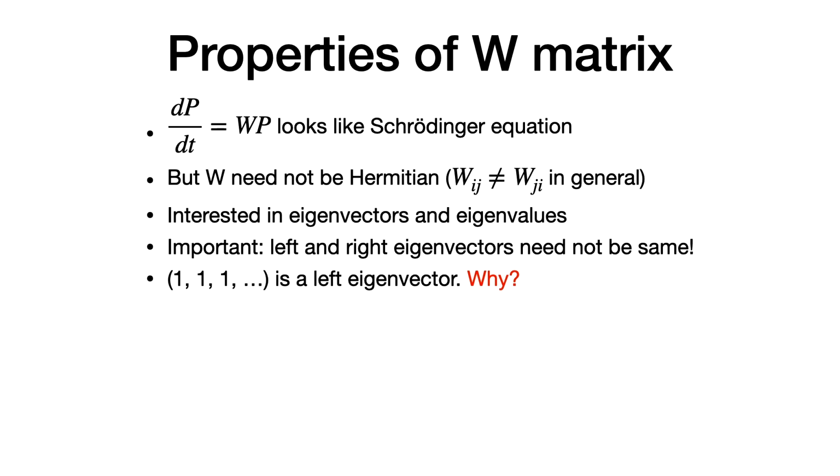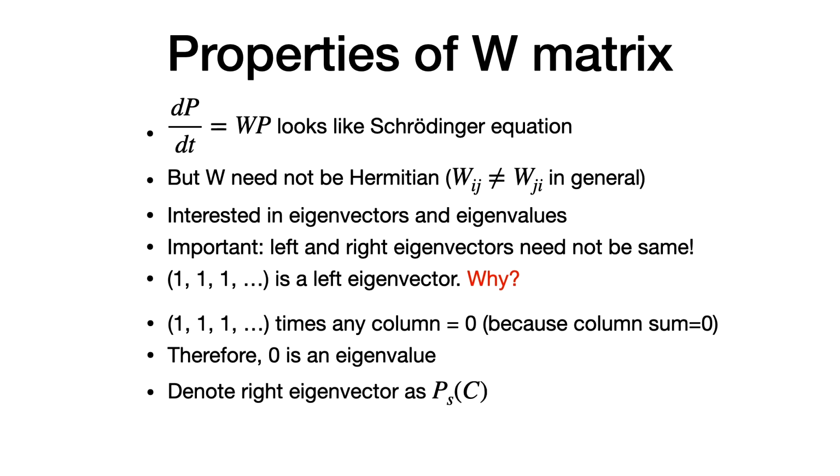So we can make a more specific statement: 1 1 1 times any column is 0, because the column sum is 0. Therefore, 1 1 1 is a left eigenvector with 0 eigenvalue. So now we have identified two properties: there is an eigenvalue 0 and 1 1 1 is a left eigenvector. These are of specific importance.